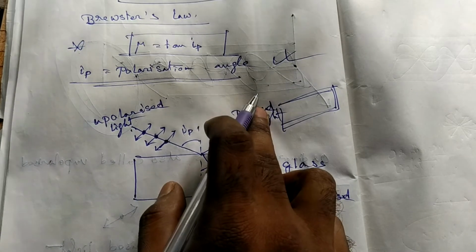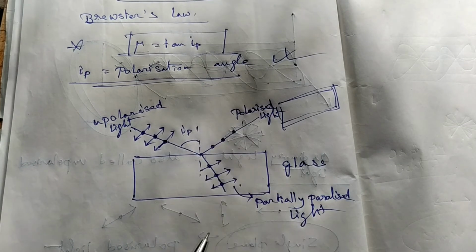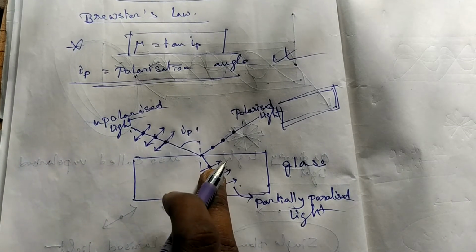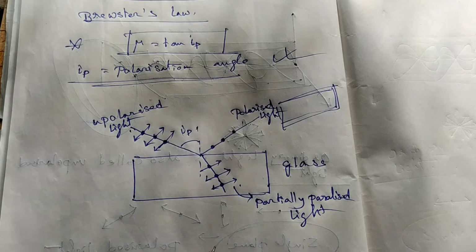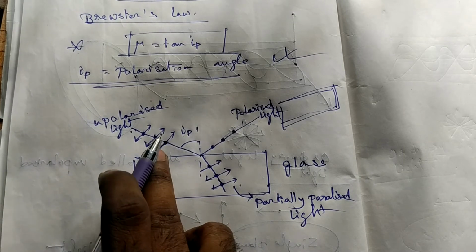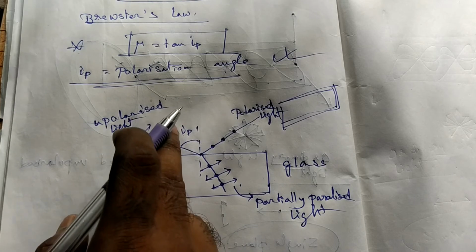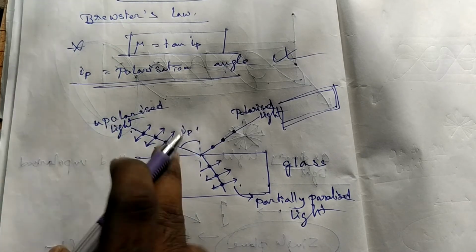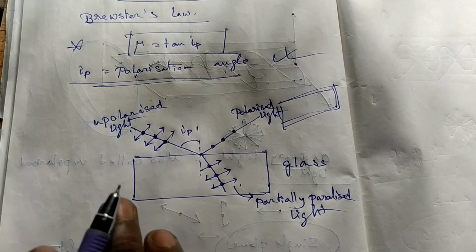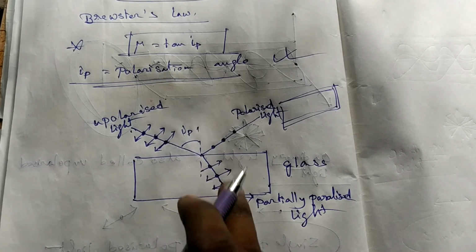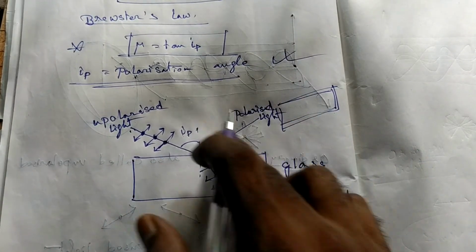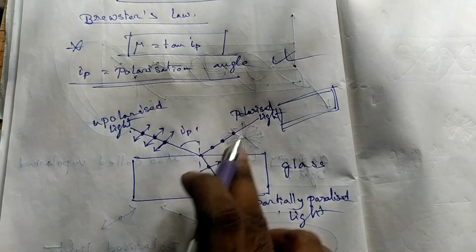That's why we get fully polarized light, because this wave has only one plane of vibration, whereas partially polarized light has both planes of vibration, as we see in our drawing. So we only get one plane of vibration, and such a light wave is known as polarized light.